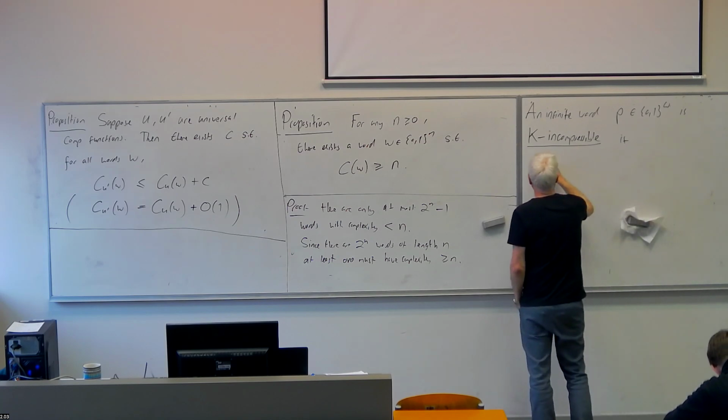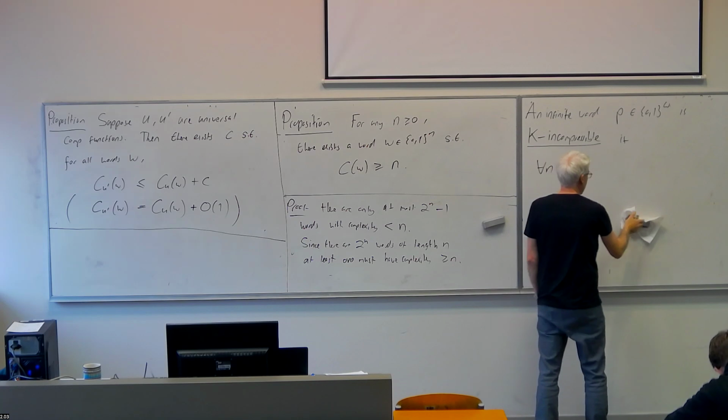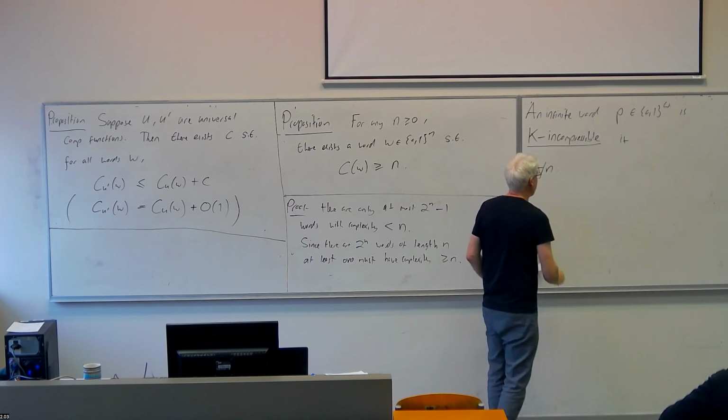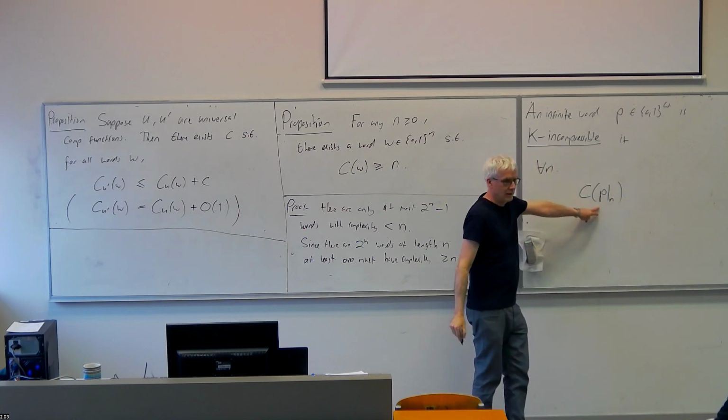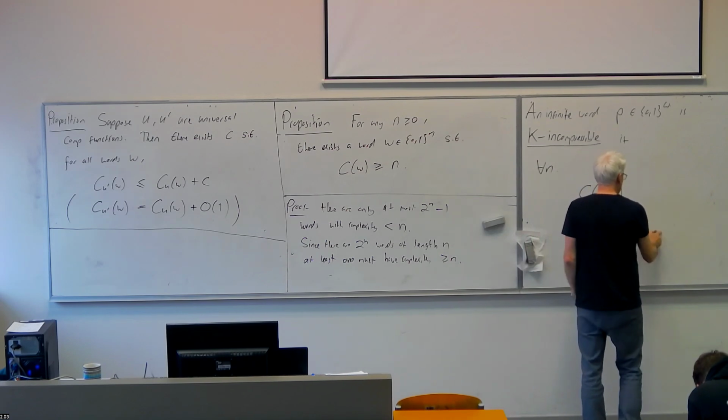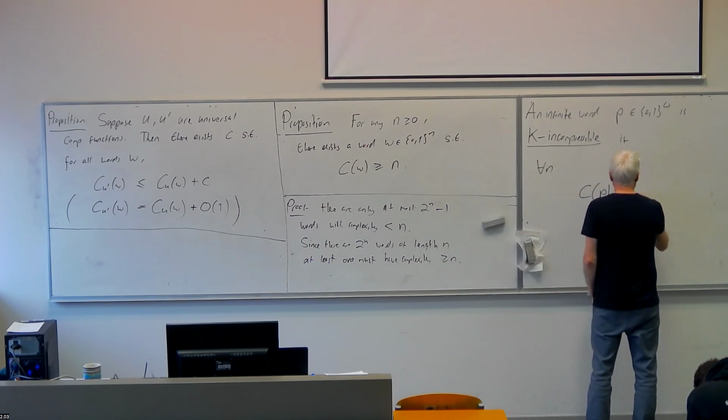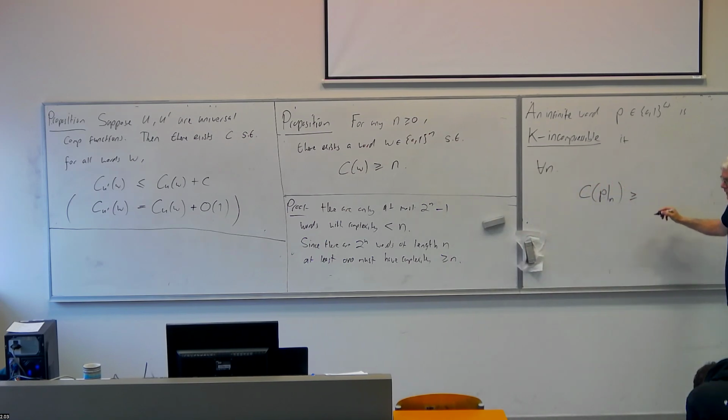So if for all n, we look at the complexity of the prefix of length n of the word P. This is going to be at least n, potentially minus some additive constant.